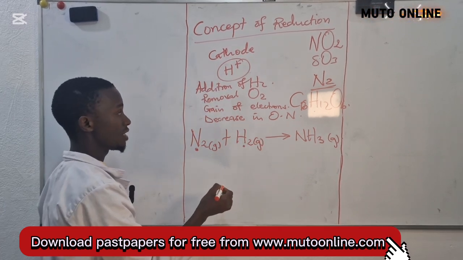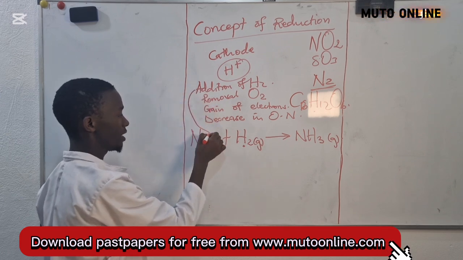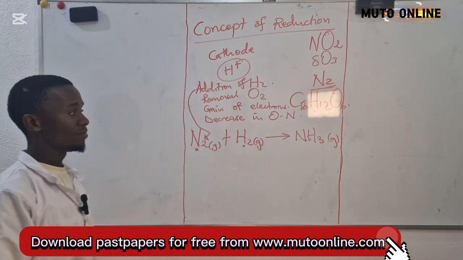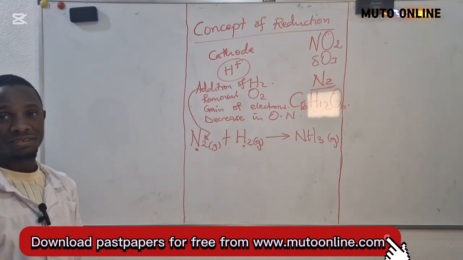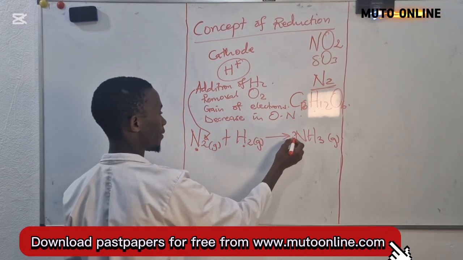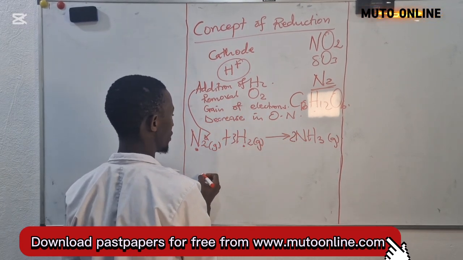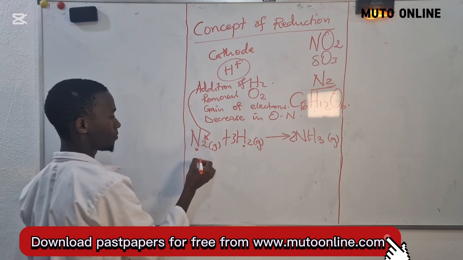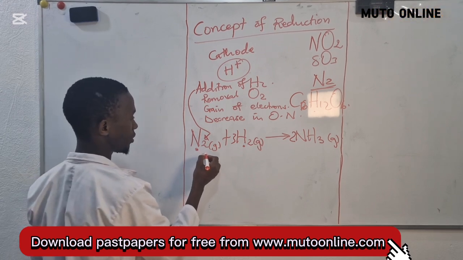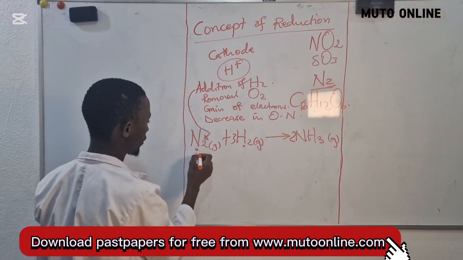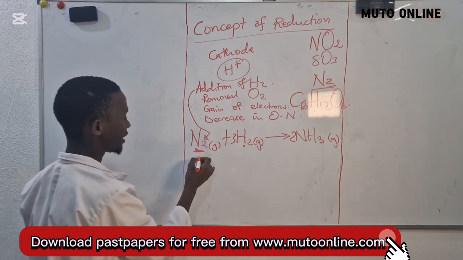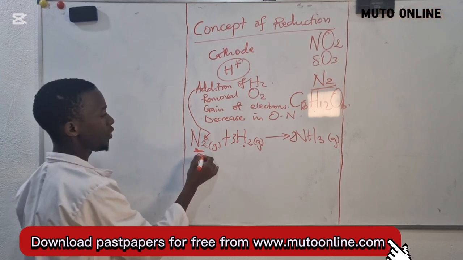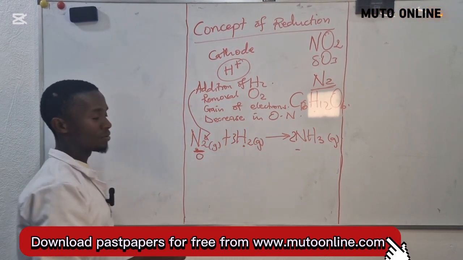So it is a reduction reaction because there is addition of what? Hydrogen to the nitrogen. This reaction is as well a reduction reaction. We shall find that the oxidation state of nitrogen is reducing from 0 to a negative.